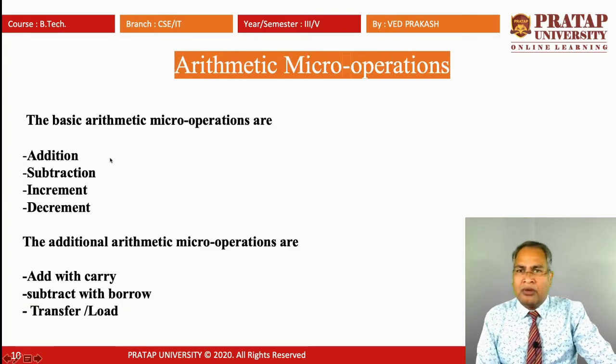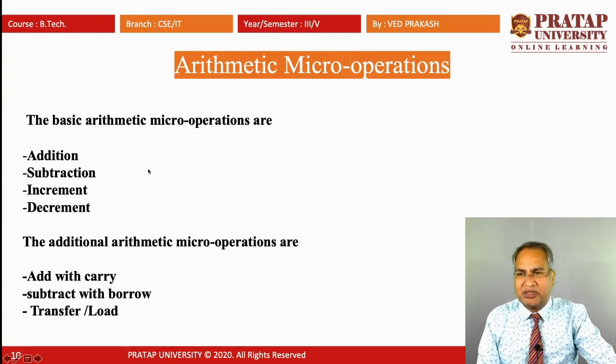Next is arithmetic micro-operations. There are basically four types of arithmetic micro-operations: addition, subtraction, increment and decrement. Besides these, there are some additional arithmetic micro-operations like add with carry, subtract with borrow and transfer/load operations.